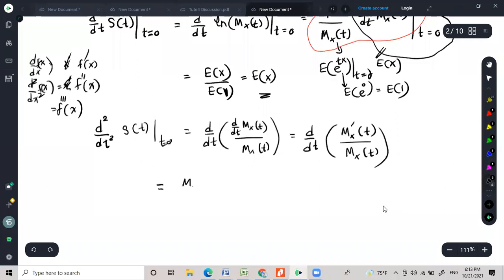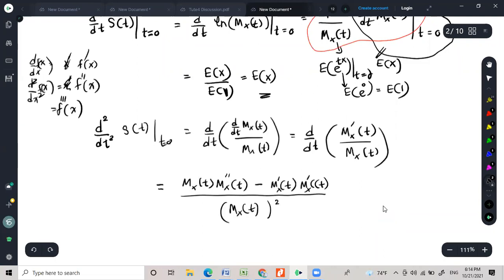I write the denominator times the derivative of the numerator, M_X double prime, minus the numerator times the derivative of the denominator, M_X prime, and at the bottom you have the square of the denominator, M_X(t) squared. Then let's set t equal to 0.